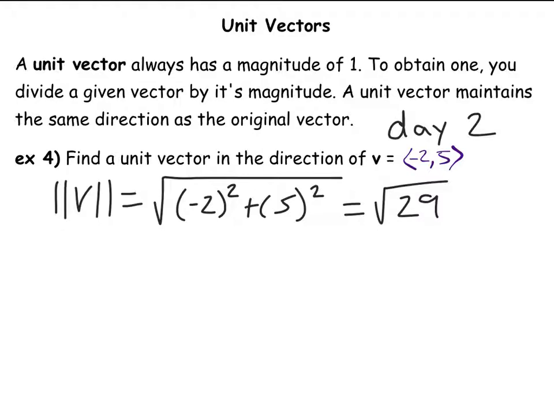If I want to switch this over to a unit vector, let's call it u, same direction, but I want to switch the magnitude to 1, you take that original vector and just divide it by its magnitude.